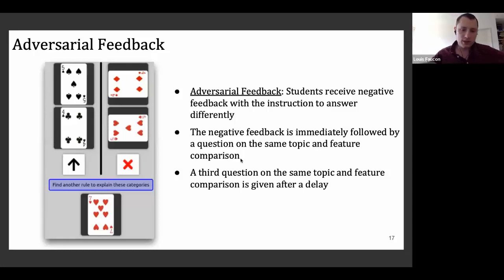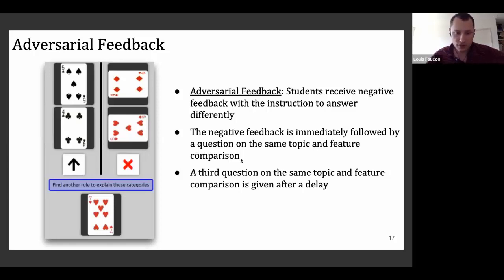So we wanted to see if students that prefer to classify categories based on the color feature, after receiving negative feedback, would still classify based on the color feature, or would they change their bias and decide from now on to classify using the orientation?